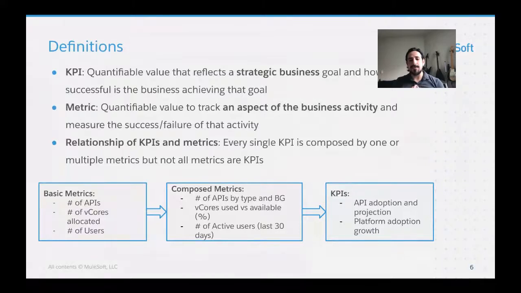So once you have the metrics, which are facts, you can build KPIs based on the context of the specific organization, based on the context of the specific team that you have in your organization. So it's really important to understand that a KPI for sure is composed of one or multiple metrics, but a metric itself is not necessarily a KPI.